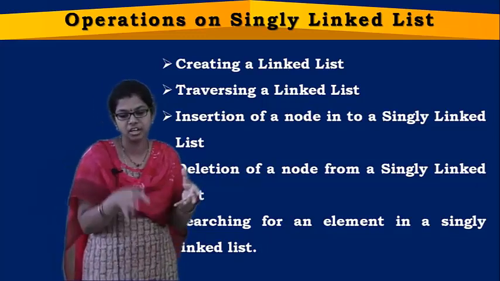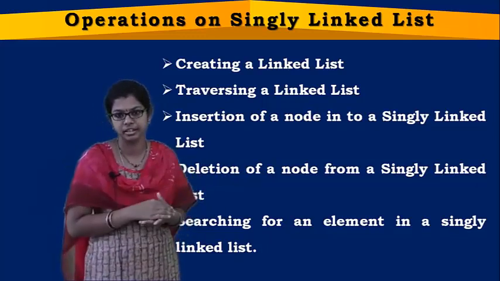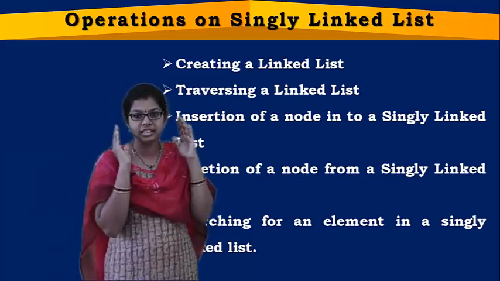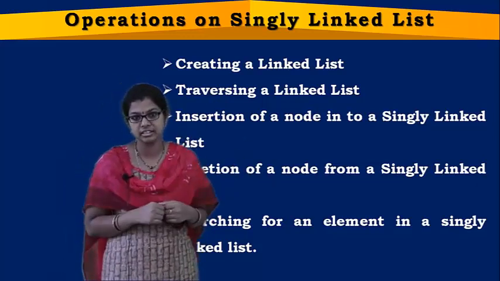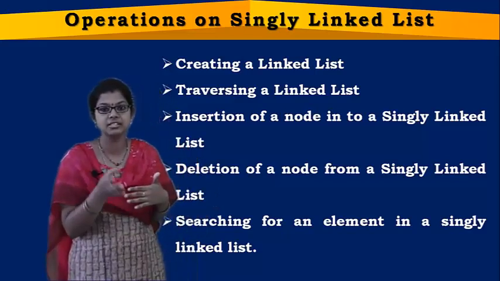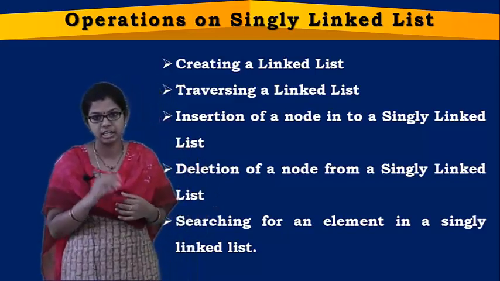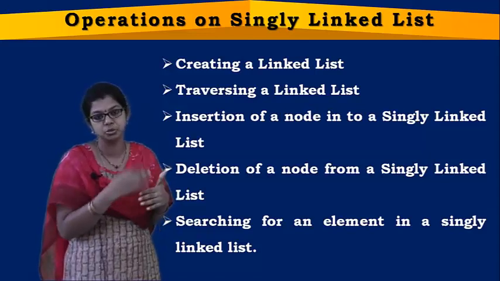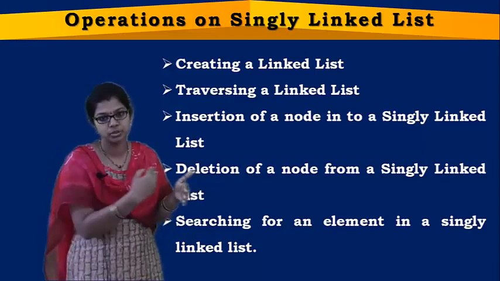Okay, you will be just inserting nodes one after another. Traversing a linked list means you will visit each and every node of the singly linked list and display its value, the data part. You are displaying the data part of each node by traversing through each node.